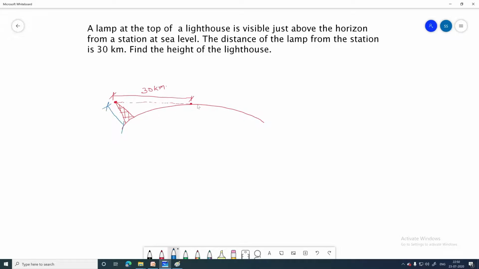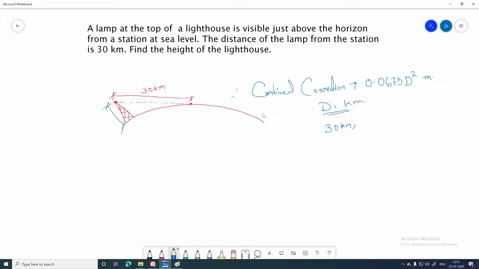Okay, so basically, as we have already derived the equation for the curvature correction as well as the refraction correction, the value of the combined correction is 0.0673 d square meter, right, where d is in kilometer. Now here the value of d is given, that is 30 kilometer.